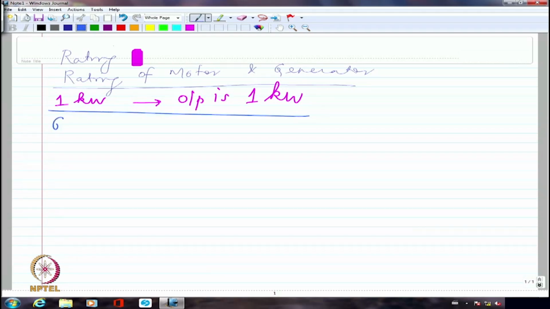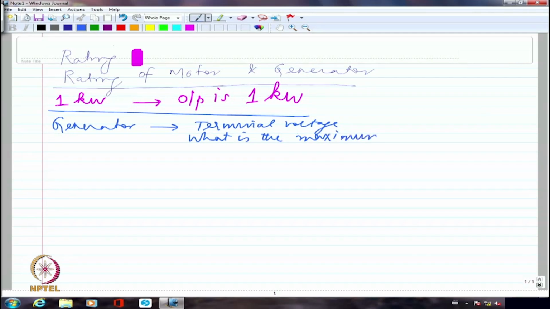And if it is a generator, I will have to specify clearly what is the terminal voltage and what is the maximum load current it can supply.